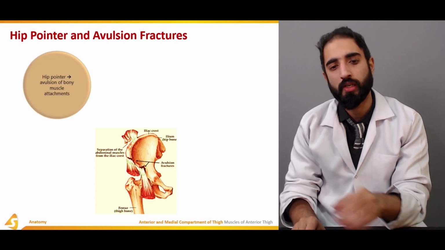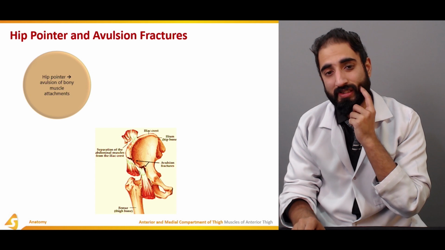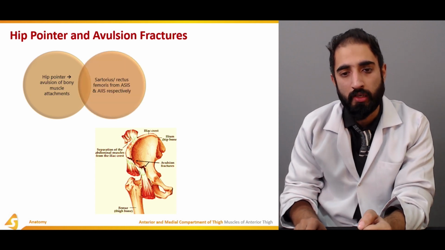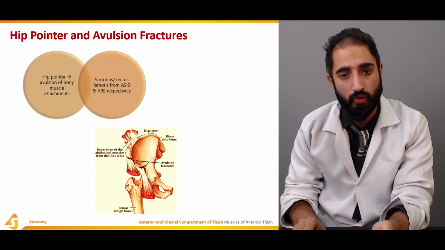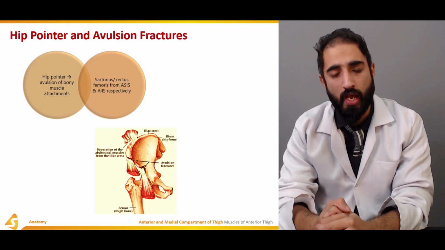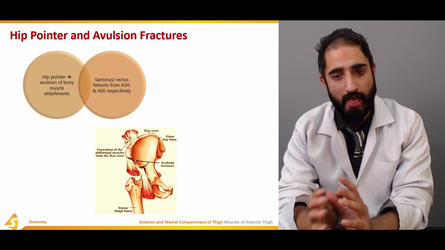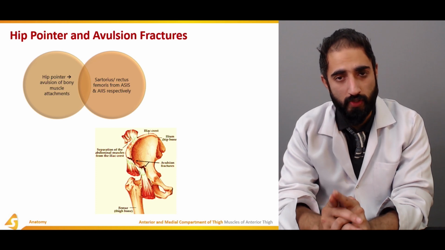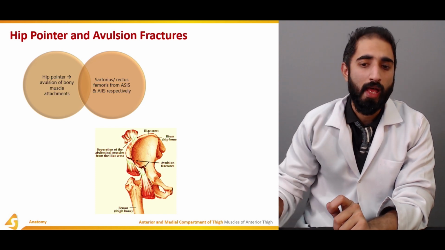So hip pointer can lead to avulsion of bony muscle attachments, which includes the sartorius, because of its proximal attachment to the anterior superior iliac spine, as well as the rectus femoris, because of its proximal attachment to the anterior inferior iliac spine.